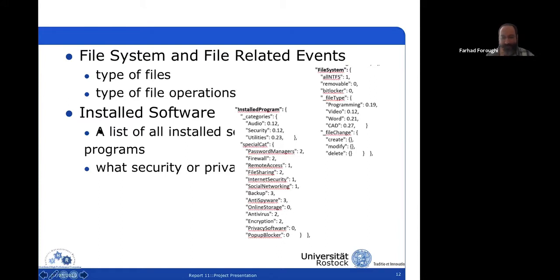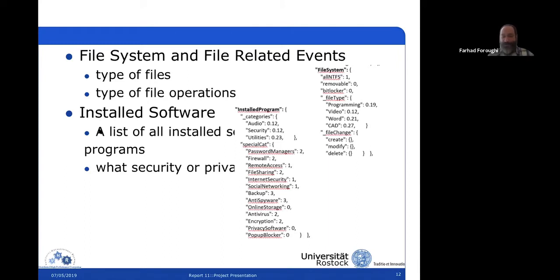Installed software is a list of all installed services and programs needed to understand potential vulnerabilities and also security measures. This list also determines what security or privacy software is already installed and updated, so it helps to identify the user's knowledge or computer skill.